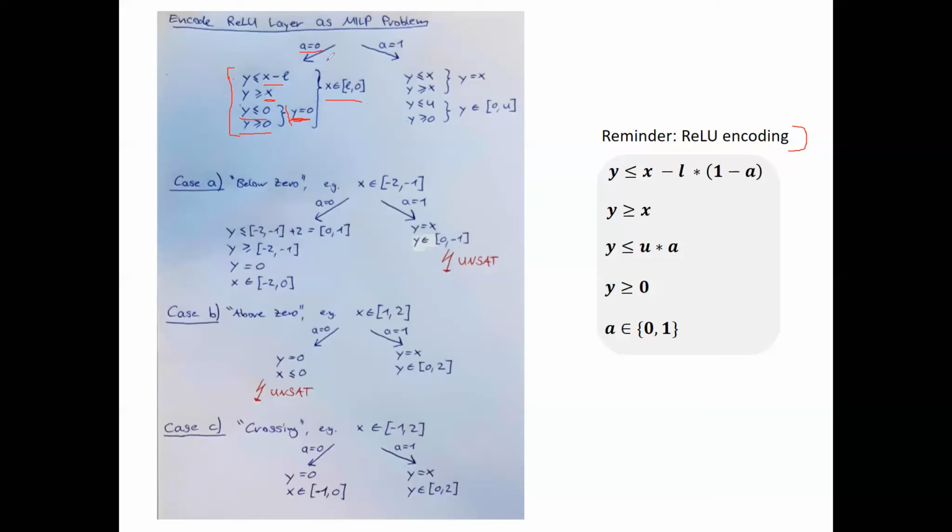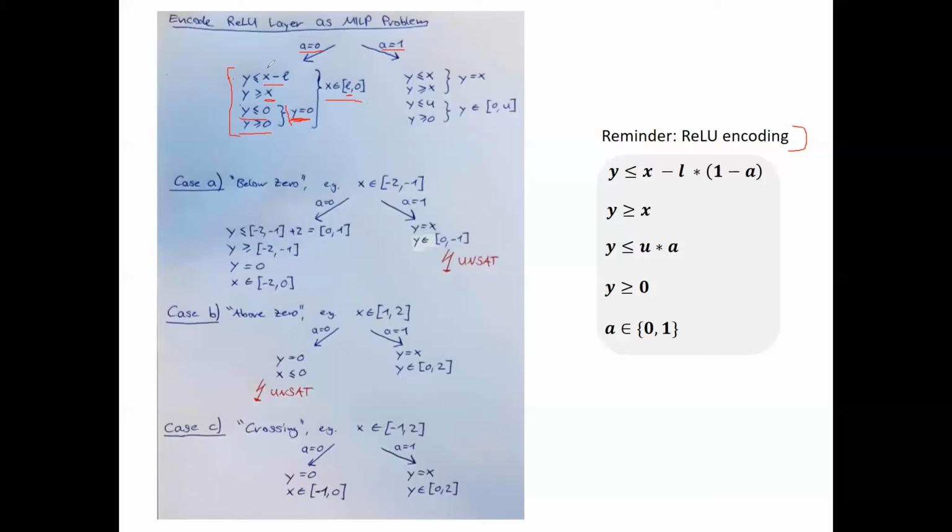Okay, so now let's look at the case a equal to 1. But one thing before that: you can already see from the case a equal to 0 that if this L over here is a positive number, for instance, if L is 5, it would say that x has to be greater than or equal to 5 and x has to be less than or equal to 0, so this would be unsatisfiable.